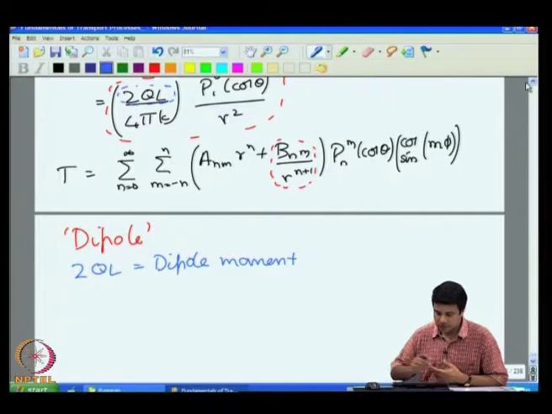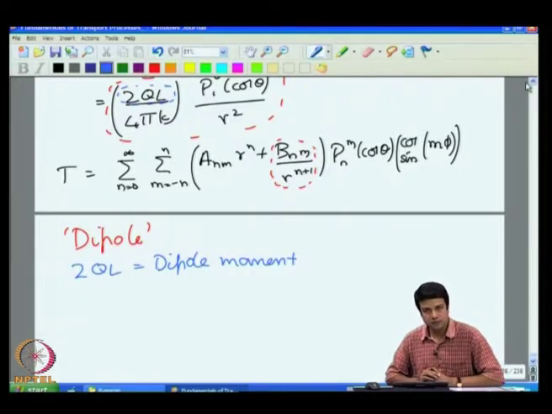So, this was for n is equal to 0 and m is equal to 0. Now for n is equal to 1, as you know, there are 3 solutions, for m is equal to minus 1, 0 and plus 1.